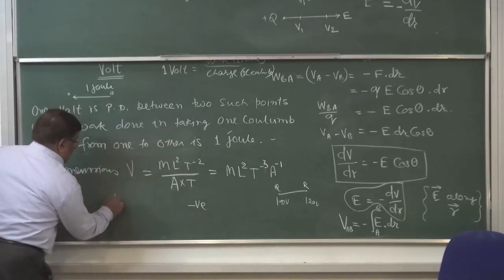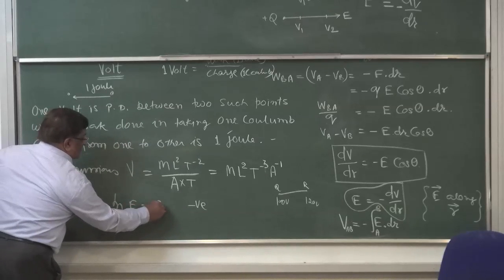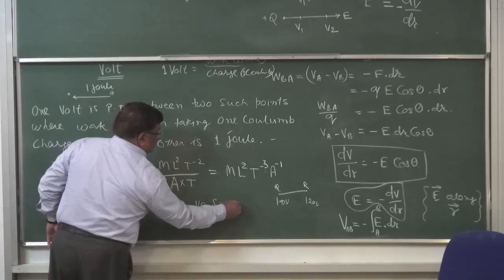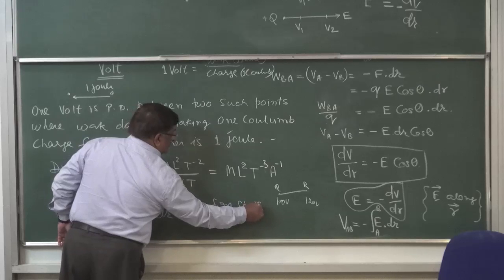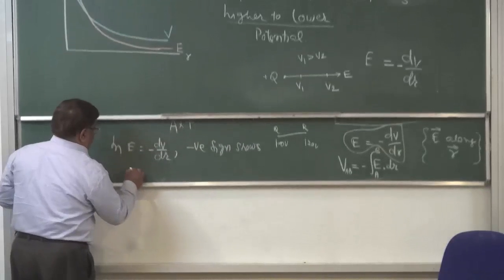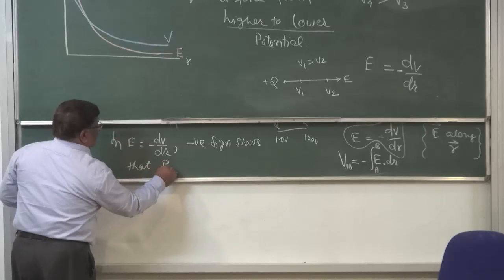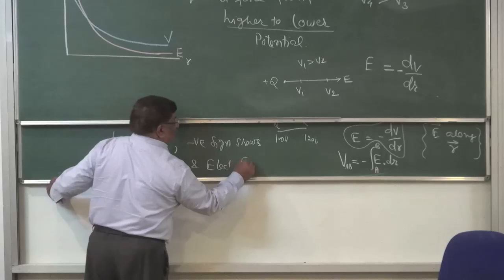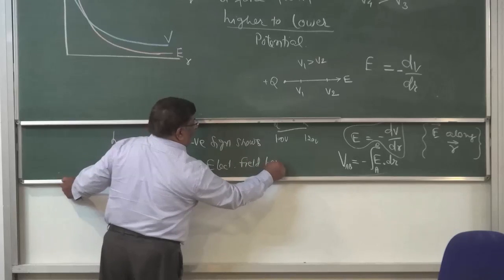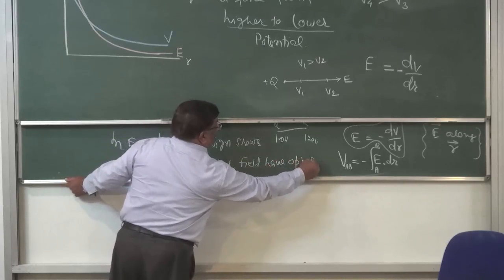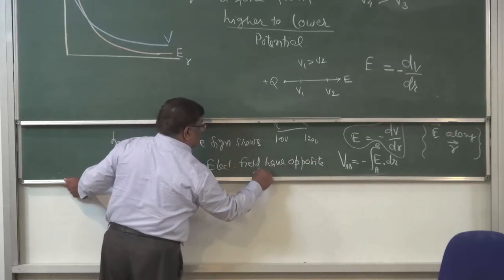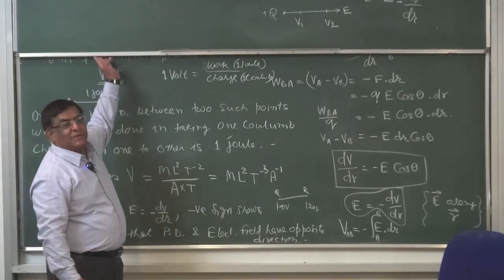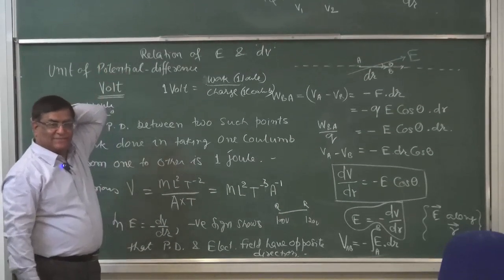E is equal to minus dV by dr. The negative sign shows that potential difference and electric field have opposite directions. Now you understand what is meant by opposite direction? What have we taken as the direction of potential difference? Lower to higher, increasing.